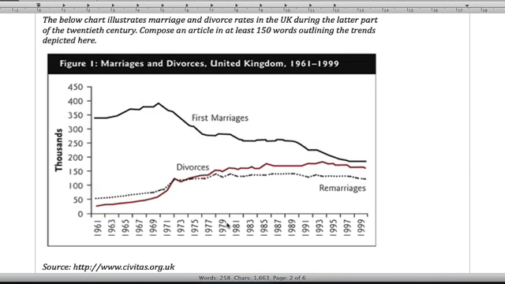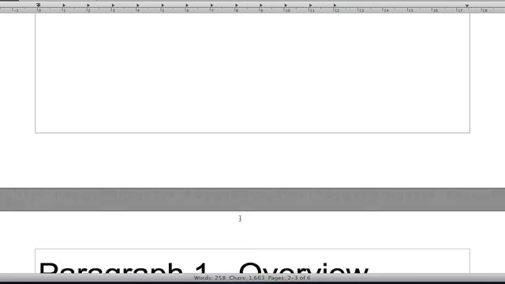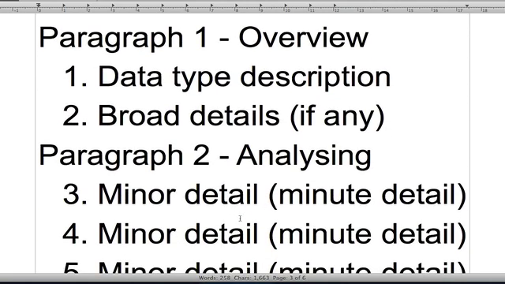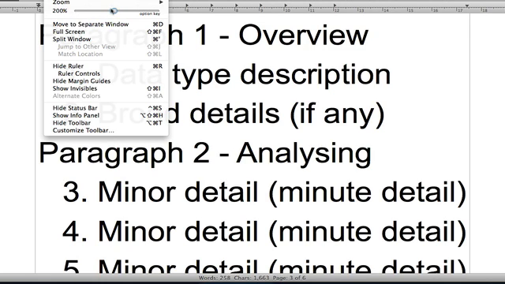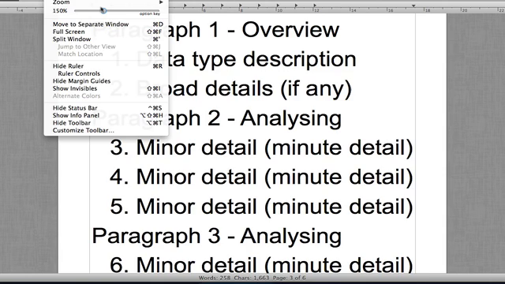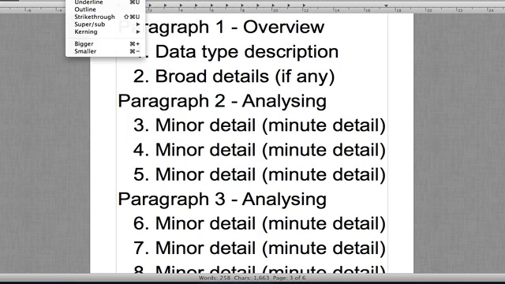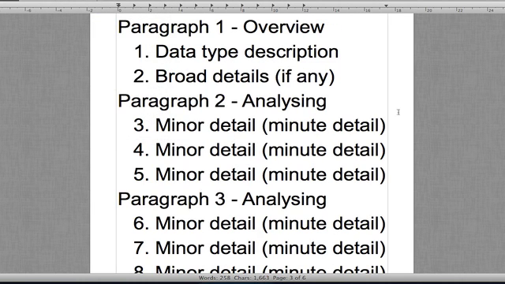So let's have a look at the general structure that we're going to follow. And I will zoom out a little bit here so that you can see this more clearly. Okay. I would describe this data source using 3 paragraphs. So the first paragraph being a general overview.